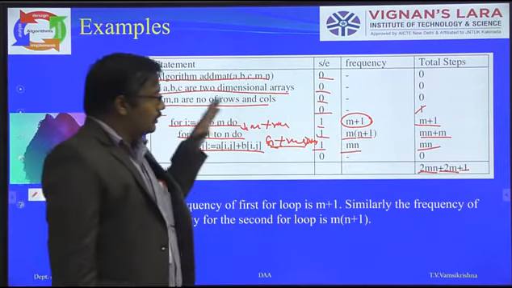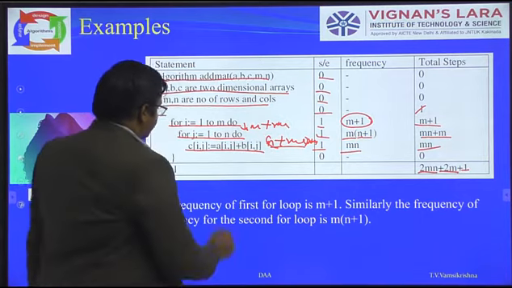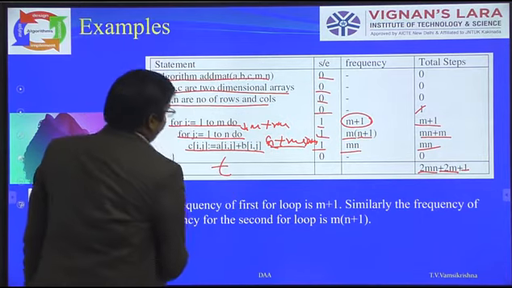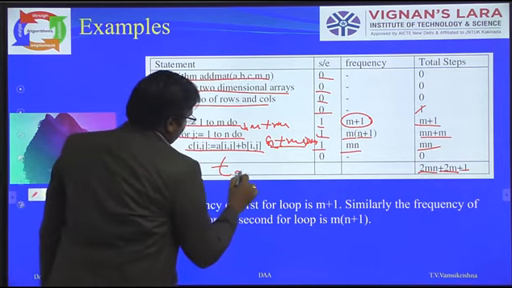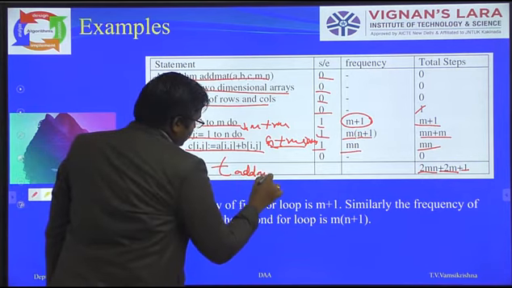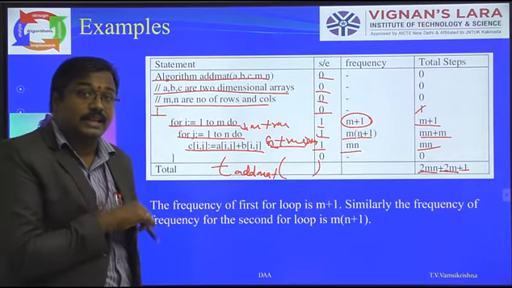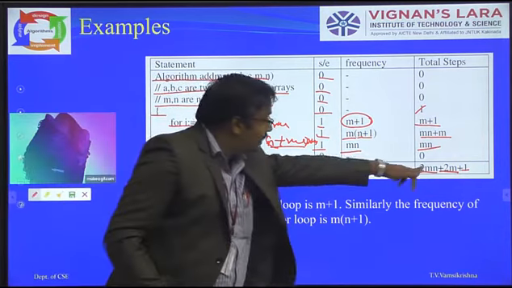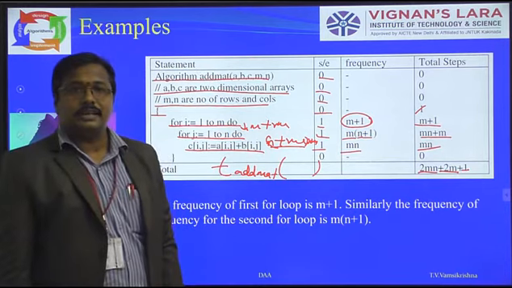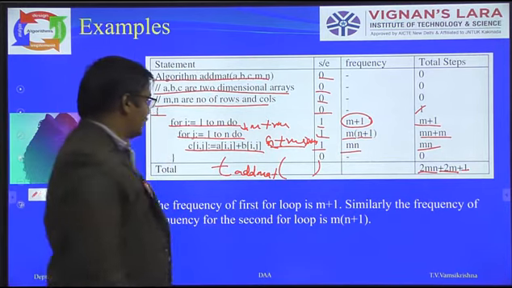So totally the equation is T of the procedure name, add matrix. What are the instance characteristics for this algorithm? Here 2 different variables are there: m is one variable, n is another variable.